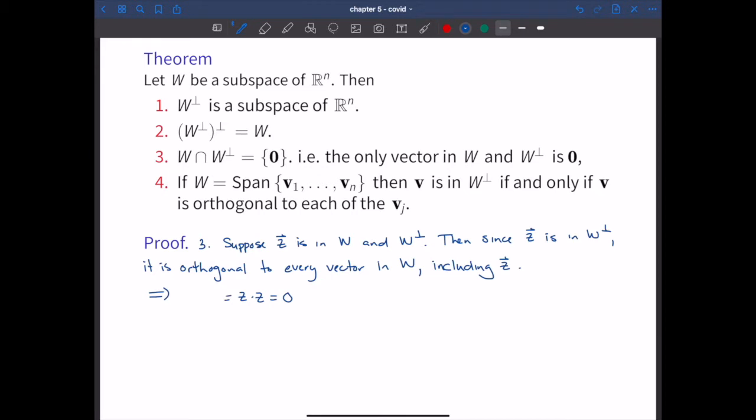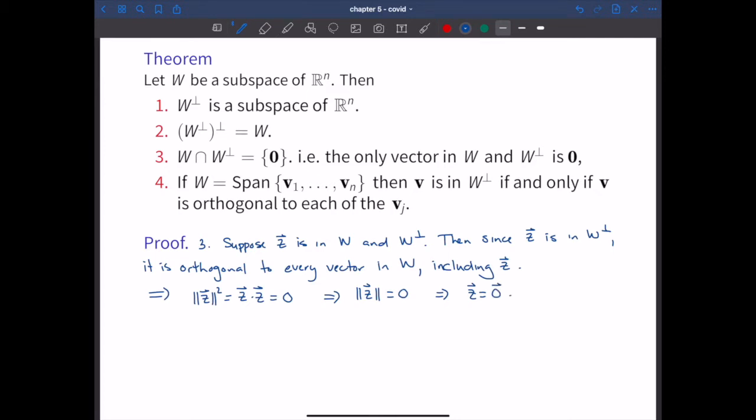But remember, Z dot Z is just equal to the norm of Z squared. So if we take the square root of both sides of that equation, this just tells us that the norm of Z is equal to 0, and the only vector that has norm or length 0 is the 0 vector itself. So in other words, Z, gotta draw my little arrows over top, Z is equal to the 0 vector.